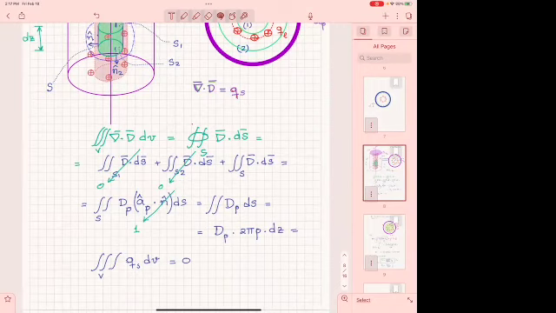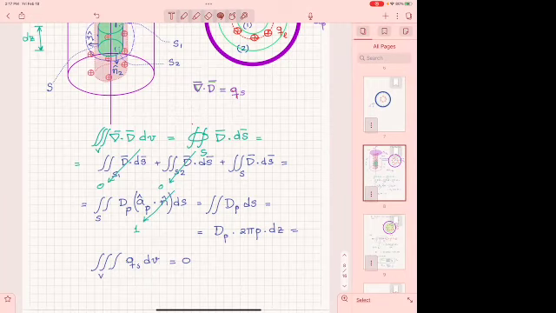Because it's a cylindrical structure, and because it is independent of Z, whatever happens on the upper surface would be canceled out by the lower surface. Whatever happens on S1 will be canceled out by whatever happens on S2.